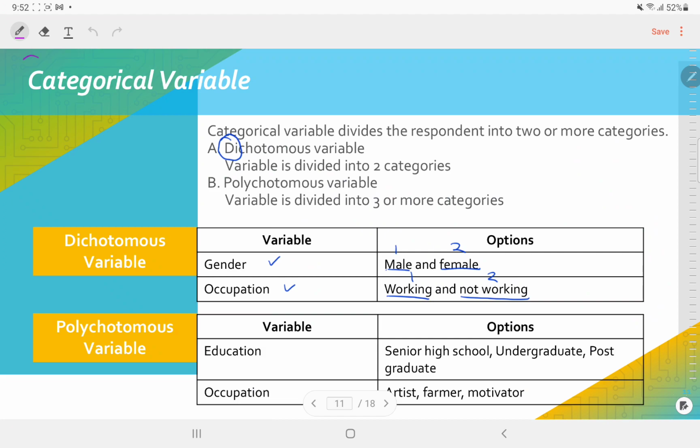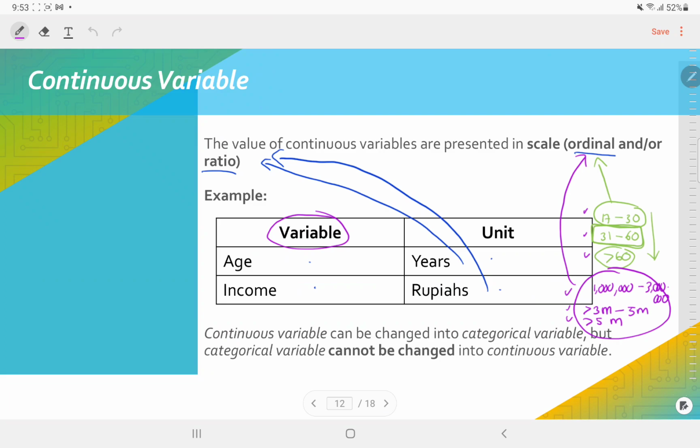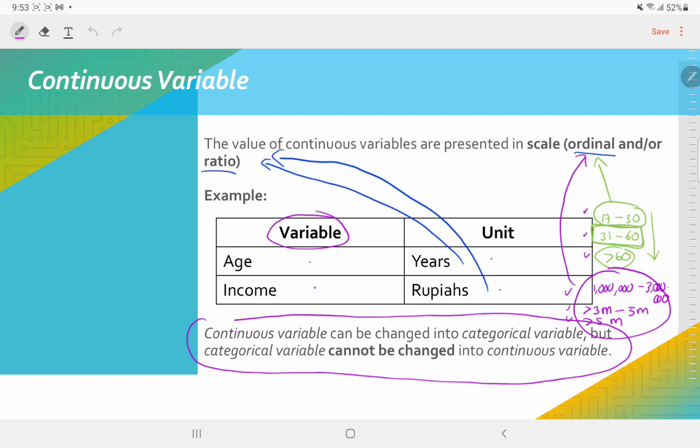This is the categorical variable, right? And this one is the continuous variable. So please understand what a continuous variable is and what a categorical variable is, and then try to understand this information.